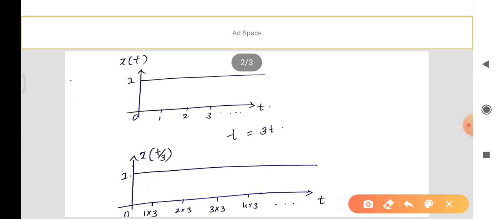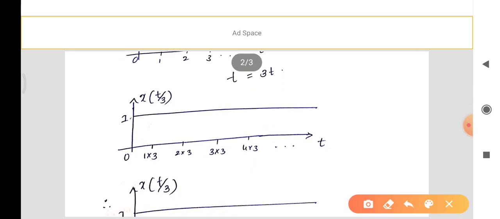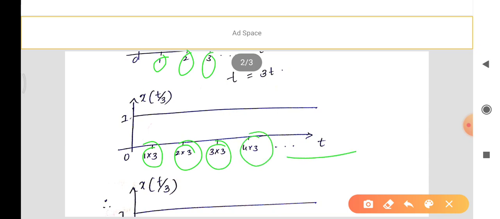So we set t by 3 equal to 1, and t will be equal to 3. So now we are going to change the time to 3t. Whatever we had at 1 second has to be multiplied with 3; 2 multiplied with 3; 3 multiplied with 3; 4 into 3, and so on.